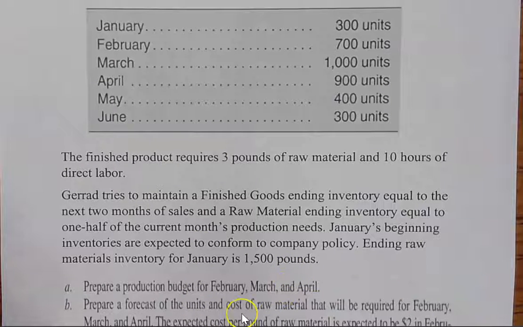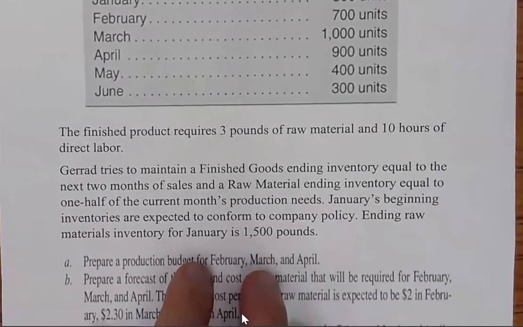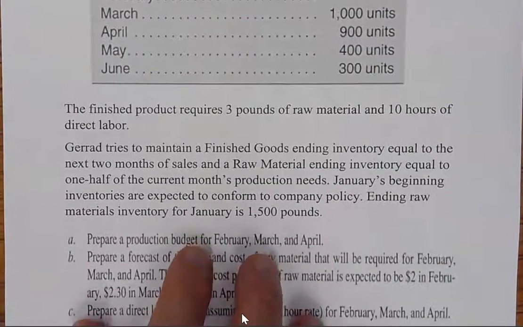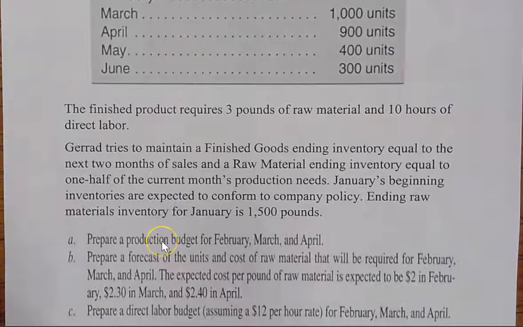Okay, and it says we're going to do 3 things, which you can probably already guess. We're going to prepare a production budget. We're going to prepare a materials budget, a forecast of the units and the cost of the raw material that will be required. So how many are we going to make, and what is the cost of those items that we make?